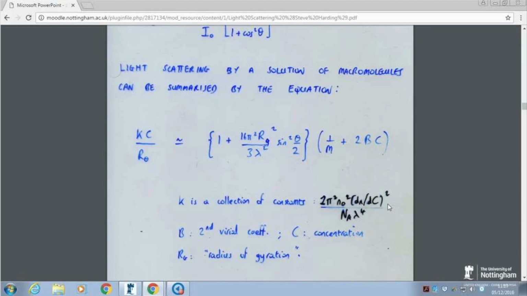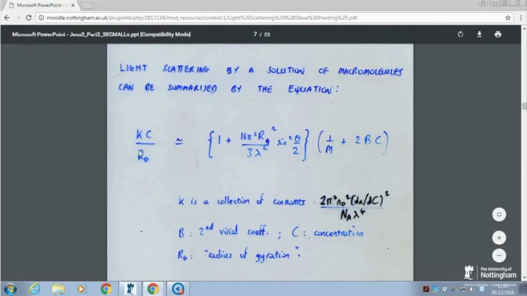We called that the refractive increment. When we're using light scattering, we don't call it R, we call it dn/dc, because R is something else. dn/dc is the change in refractive index with concentration.